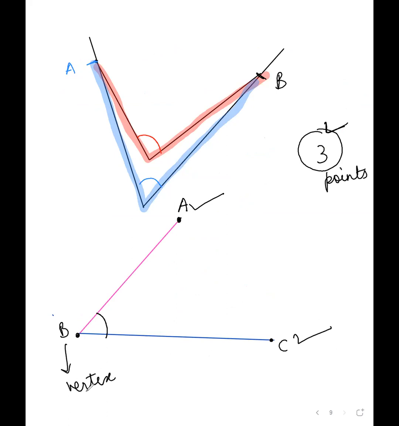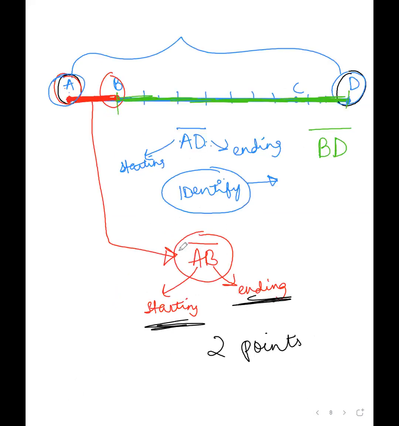This is the main part of the angle. There are 3 ways of naming an angle. Number one is by naming each of these 3 points: the starting point, the vertex, and the ending point. Just like in the line segment, we had starting point, ending point. We didn't need a middle point or any point in between. It was not required.